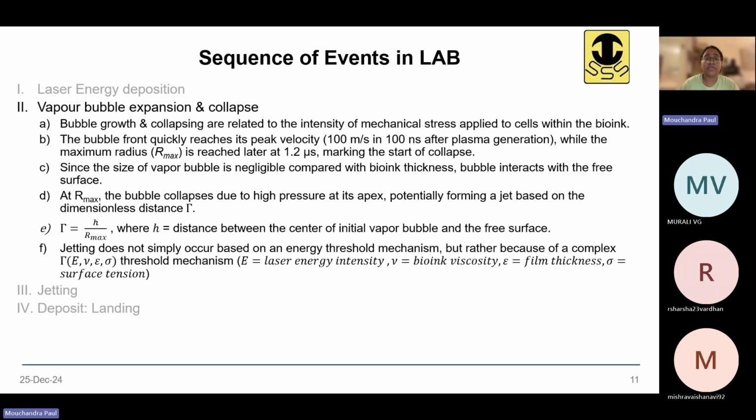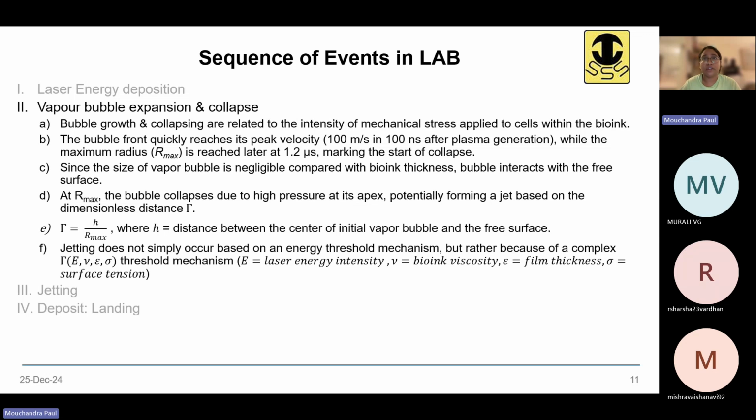Within 100 nanoseconds after the vapor evaporation happens, it can grow a lot and reach its maximum radius before it collapses. When the maximum radius is reached, it will collapse within about 1.2 microseconds. So this formation of the vapor bubble is very fast, all right?